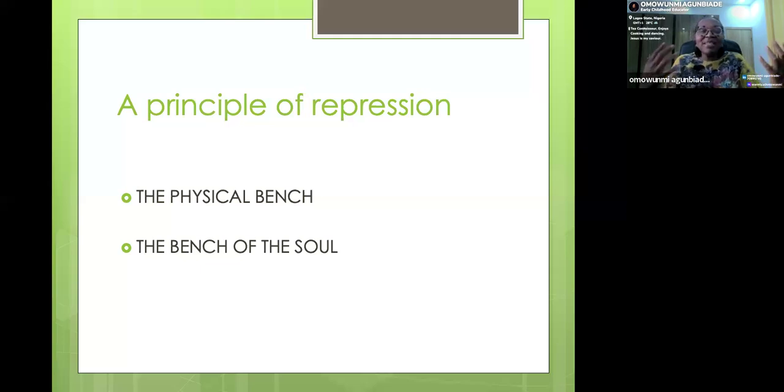Most of the time, that soul, where the mind is always waiting to express itself, is always waiting to find out what is around its environment. But when a child is repressed physically, that child will not be able to explore, will not be able to find out, will not be able to express what is inside of him or her. And that way, the soul of that child is being repressed.